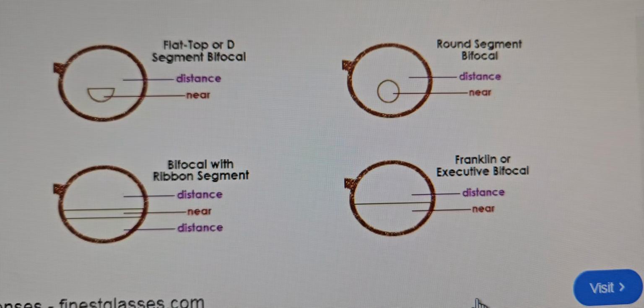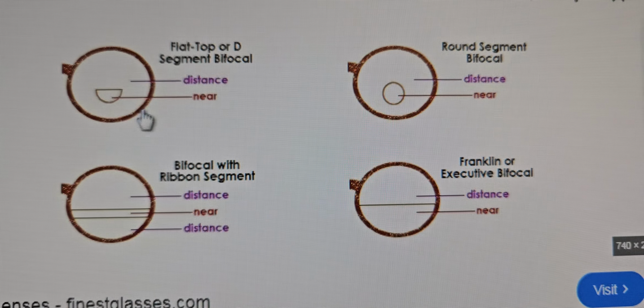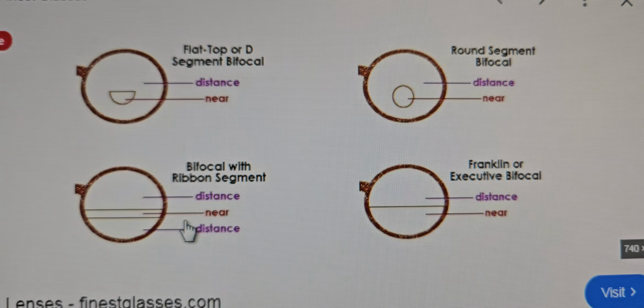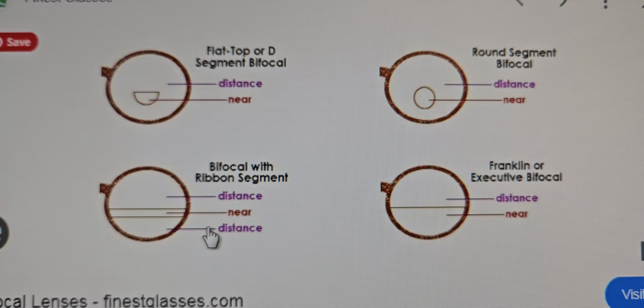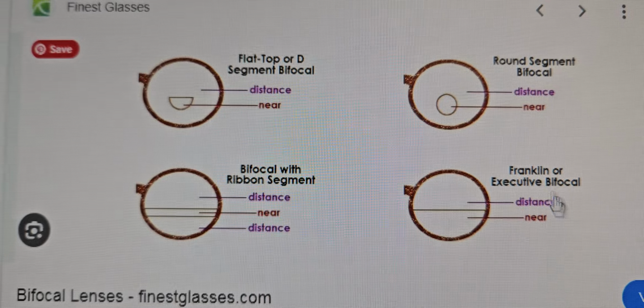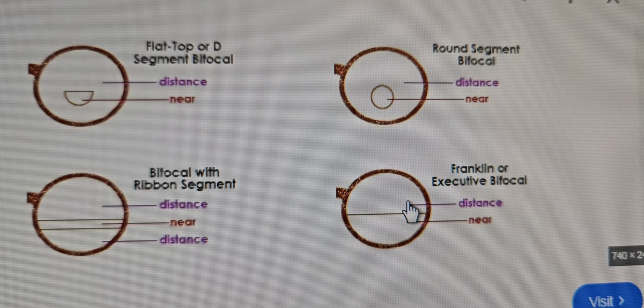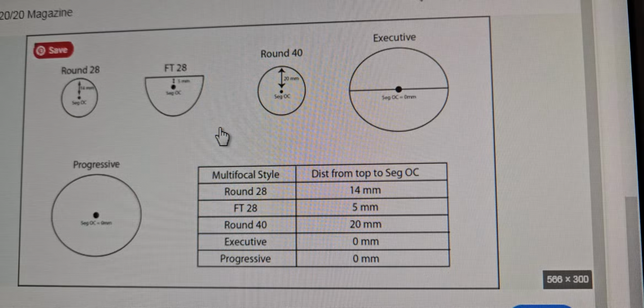So this is what they are telling. This is the distance power, near power: distance, near, ribbon segment, Franklin or executive type. This one, distance, this is near.